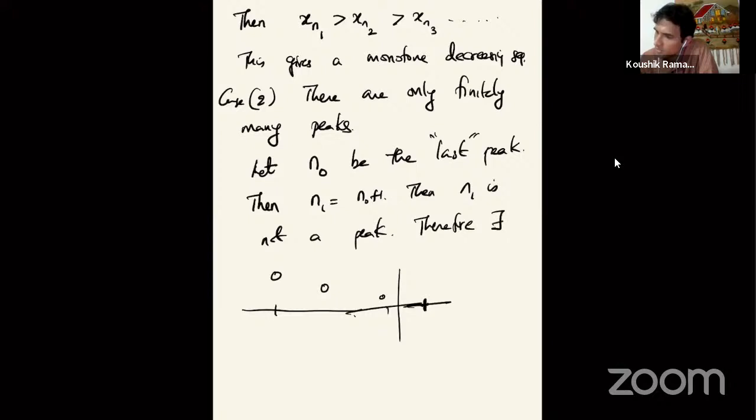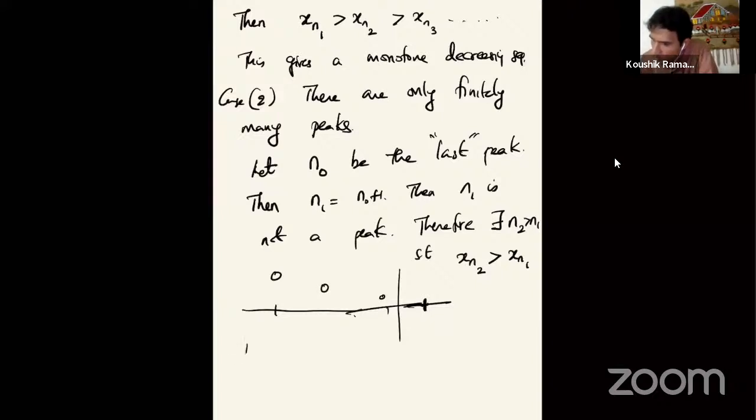Therefore, there exists an n2 bigger than n1 such that xn2 is bigger than xn1. This is the meaning of not being a peak: there is someone after xn1 who lies above xn1.